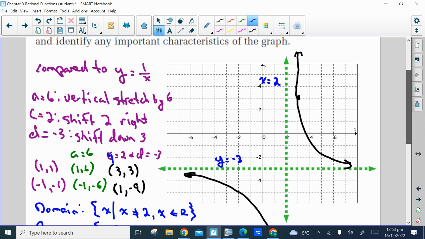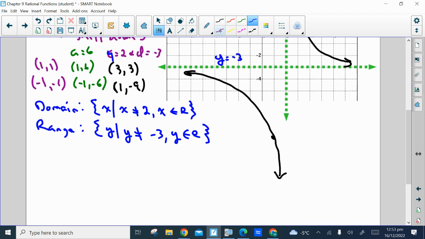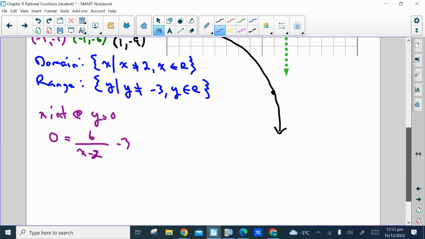And as I said, there are x and y intercepts here. Remember, to find the x-intercept, it's always where y equals 0. So we'll take the equation and we'll let y equal 0. And then you need to solve for x, which would be done by first adding 3 to both sides.